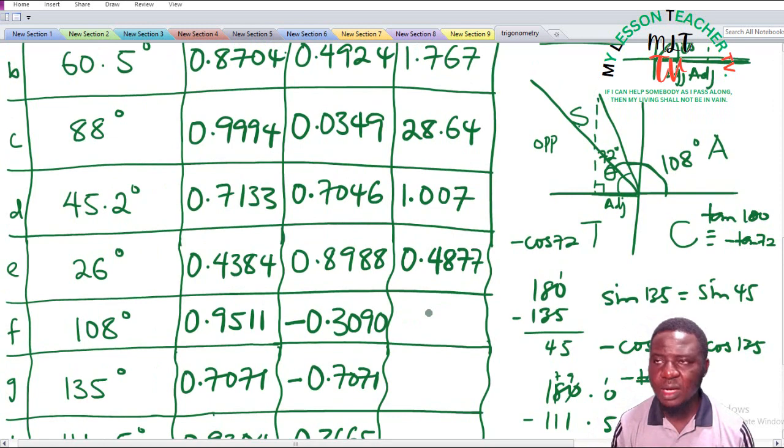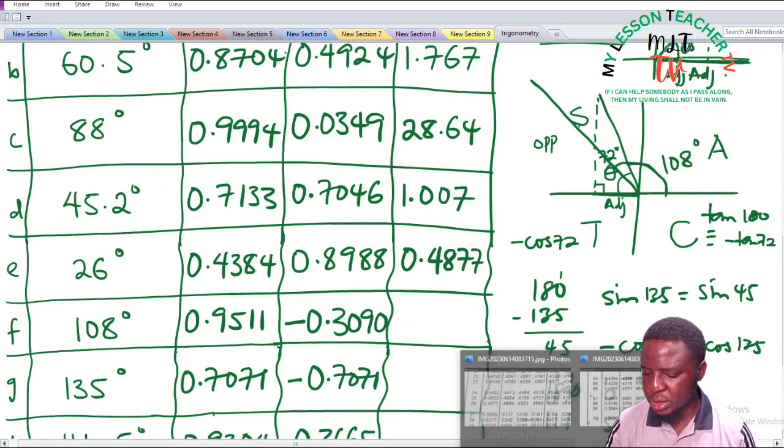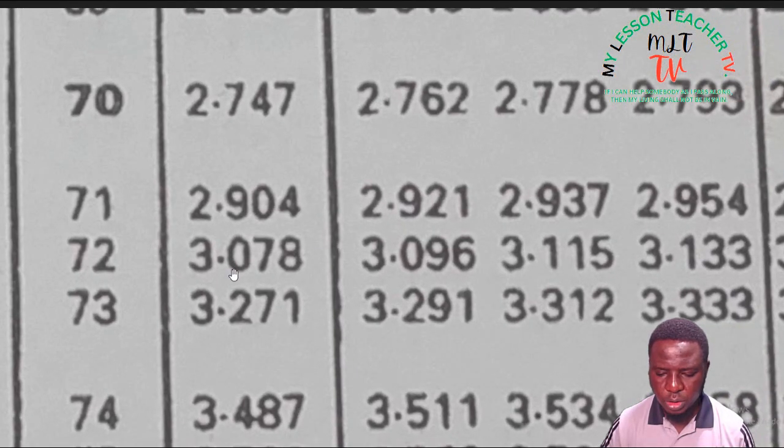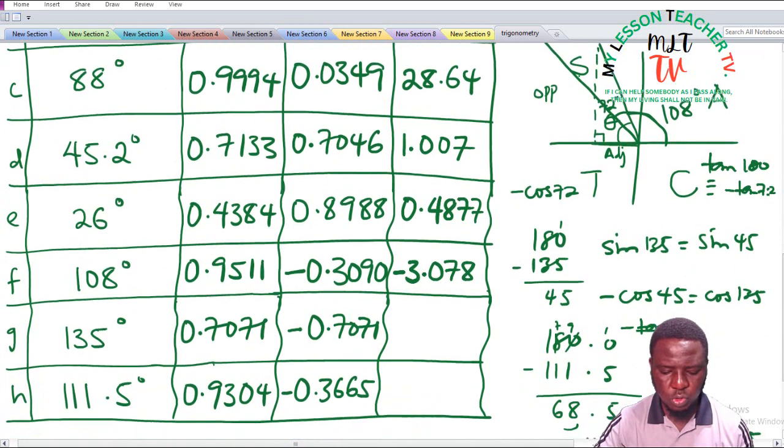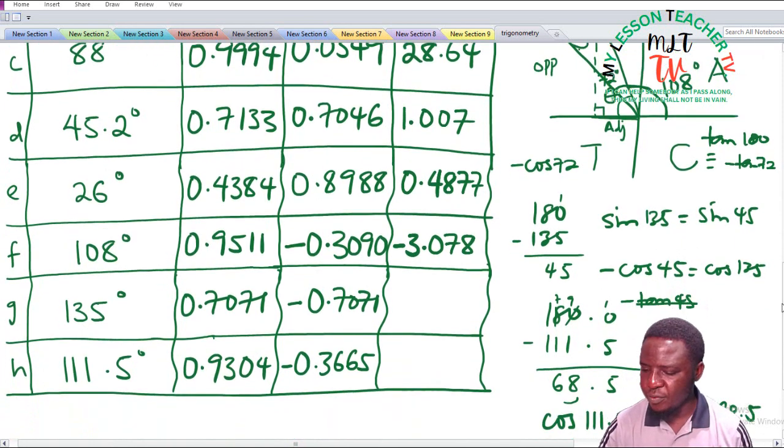That gives me the value of tan 108. 72.0 is 3.078. This becomes minus 3.078.